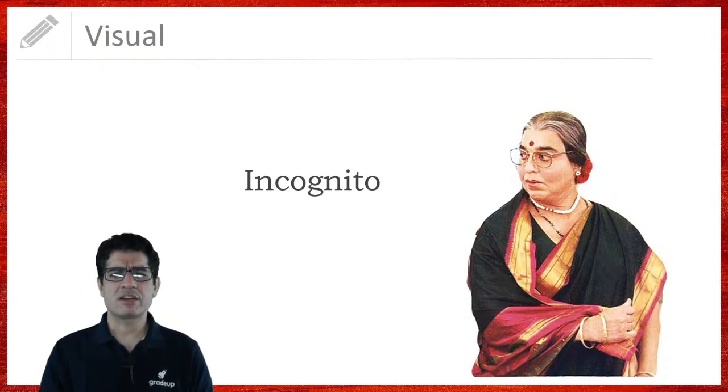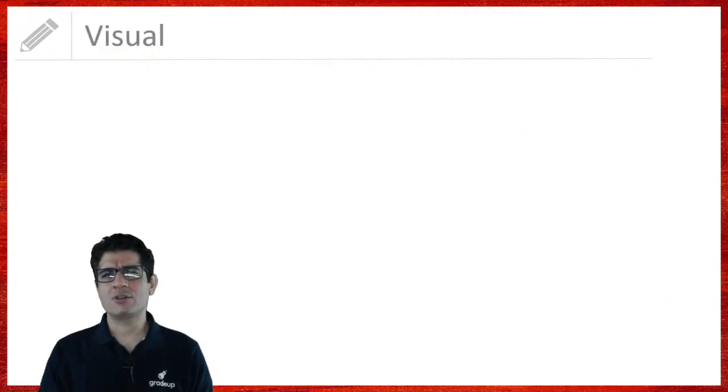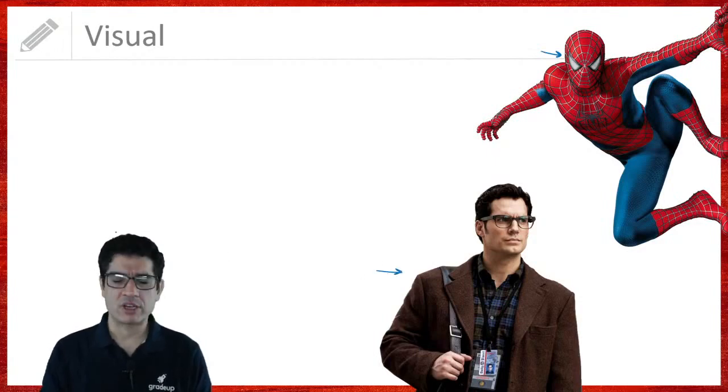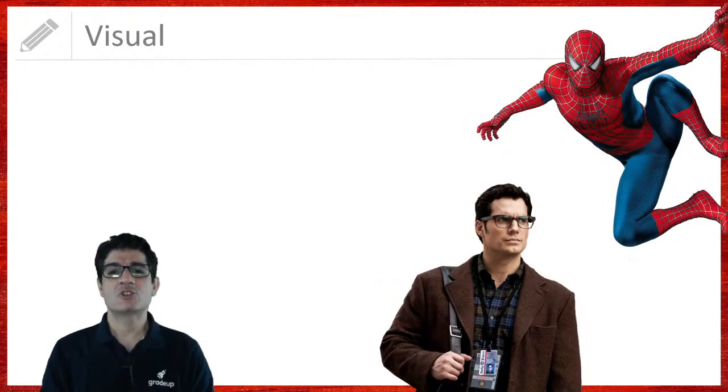Or for that matter, most of the superheroes, Spider-Man, Superman, they either wear a mask or they happen to have an alternate persona, their alter ego, so that their true identity, so that they can remain incognito. Right? So that's how it really works.